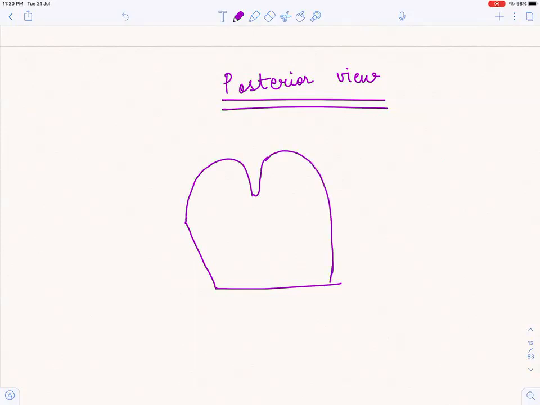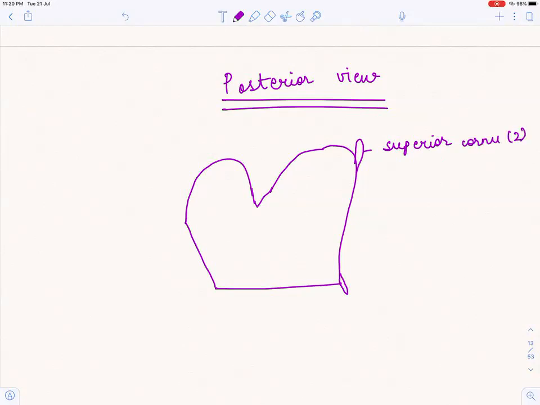Suppose this is the thyroid cartilage. In some books it's also given that there are 2 superior horns and 2 inferior horns of the thyroid cartilage, known as the superior cornu, 2 in number, and inferior cornu. Since it's curved, you cannot see the other side. This is the thyroid cartilage attached to the hyoid bone.